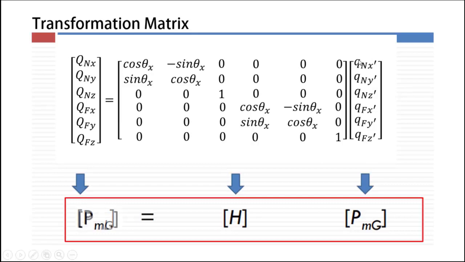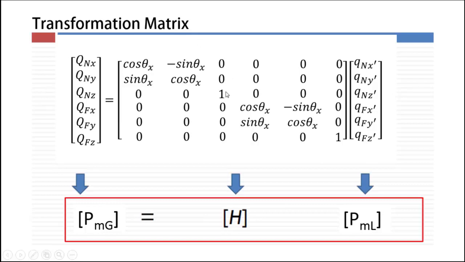So I want you to switch that. This should be P_MG, so that's a typographical error, and this should be P_ML. Now here you see the transformation matrix. You just multiply P_ML with the transformation matrix, then you get the global member forces.